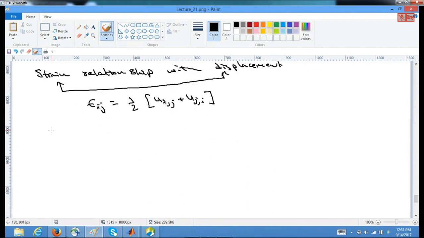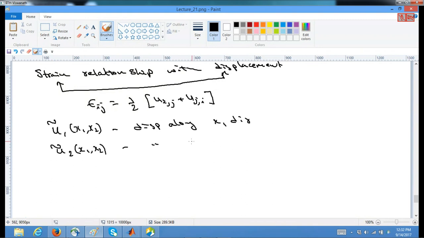So let us take our u1 as a function of x, y, which is an approximation, which is not exact. I will try to write it in this manner: u1 tilde (x1, x2) is the displacement along the x1 direction, and u2 tilde (x1, x2) is the displacement along the x2 direction.